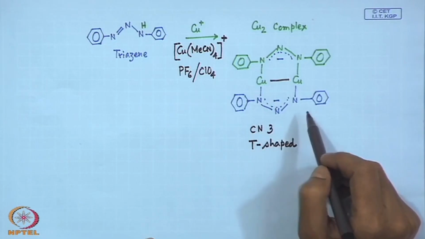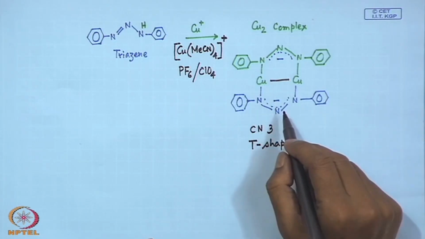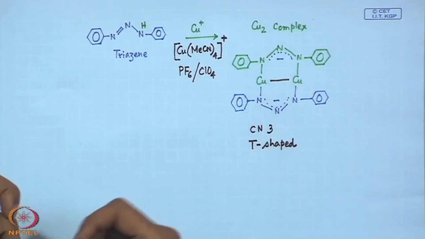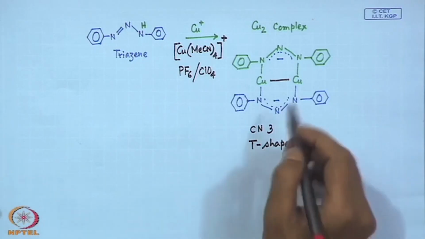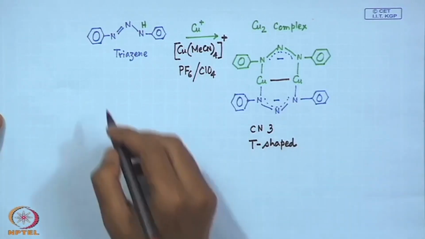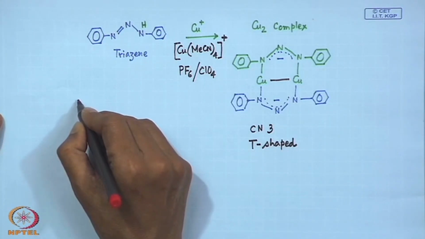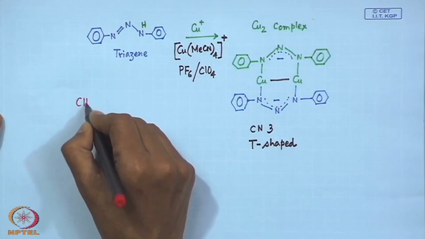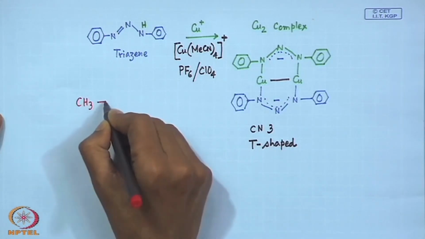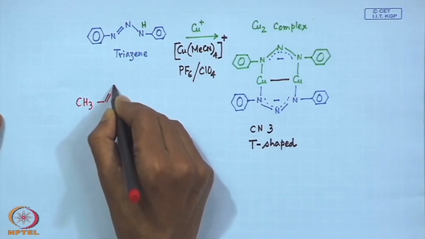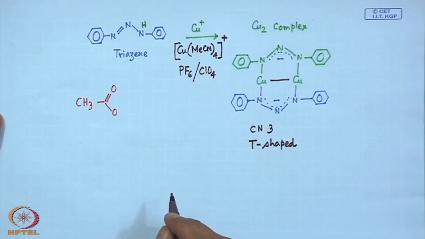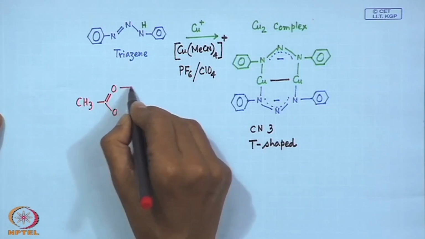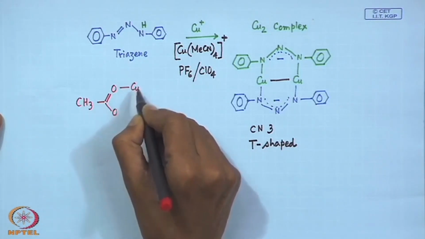Only if we have a copper complex, we get this particular geometry, and this type of binding is very common in copper chemistry, and this triazine type of binding is also possible if we have the simple acetate group. And acetate group also binds like this.